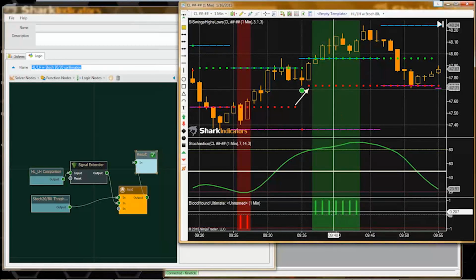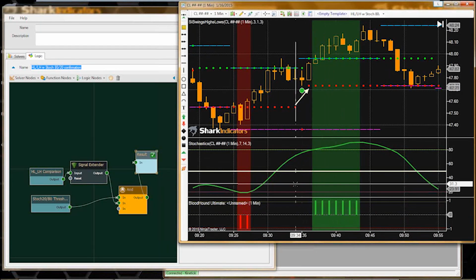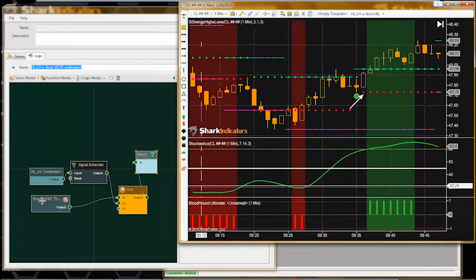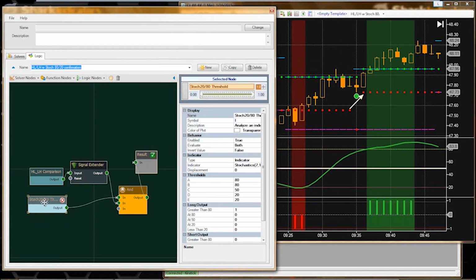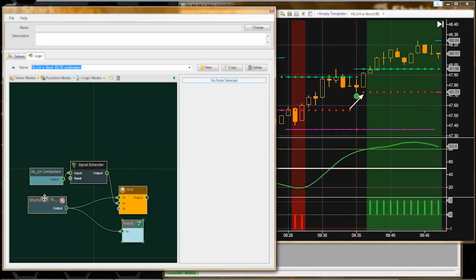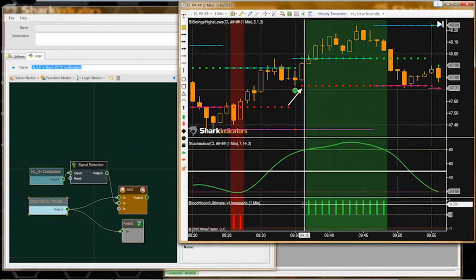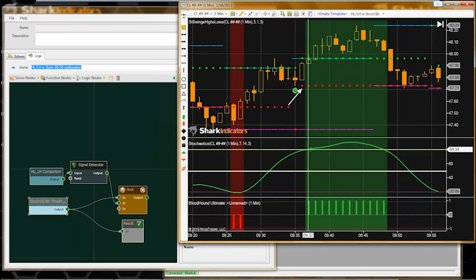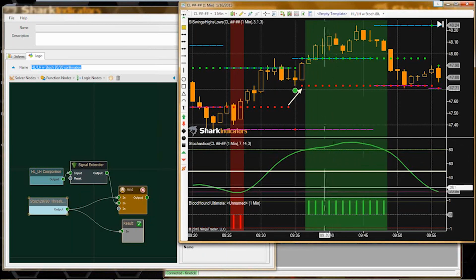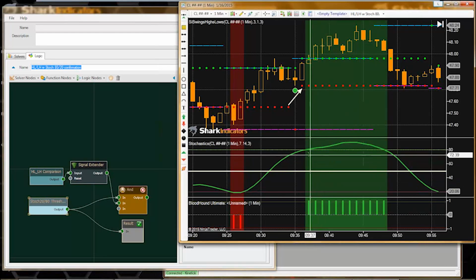However, if you want a discrete signal, then instead of using the threshold solver here, if we look at this threshold solver, it's telling us every bar that the stochastic is above 80 or below 20.